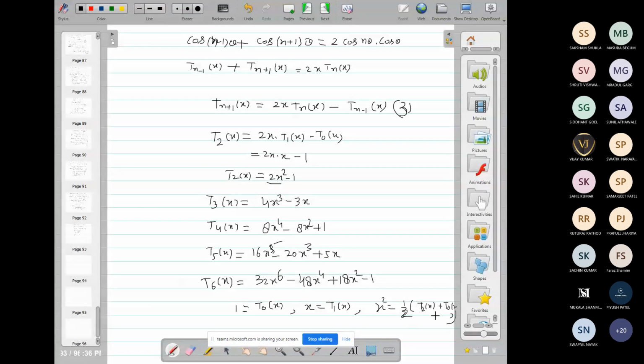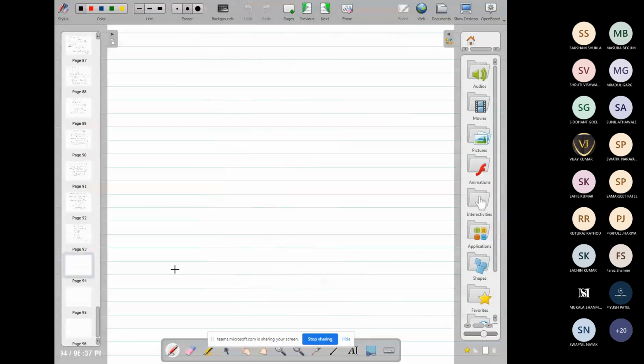Similarly, from this relation we can express x cube. The x cube will be, after simplification, 1 by 4 (3 T1(x) plus T3(x)). And in the similar way we can express other x^4, x^5, x^6.